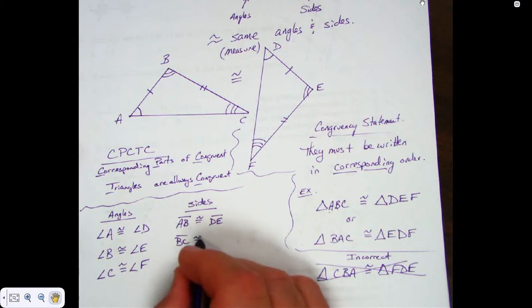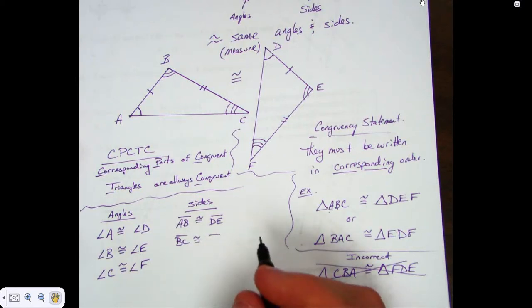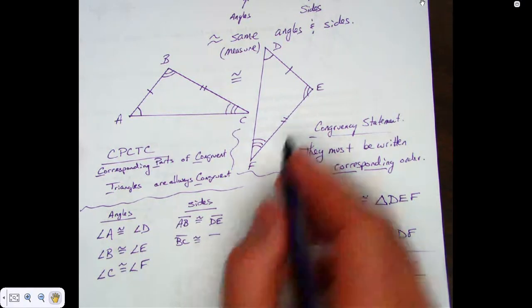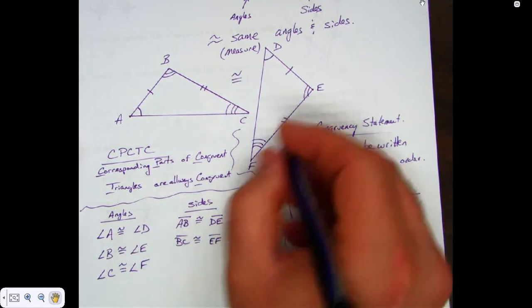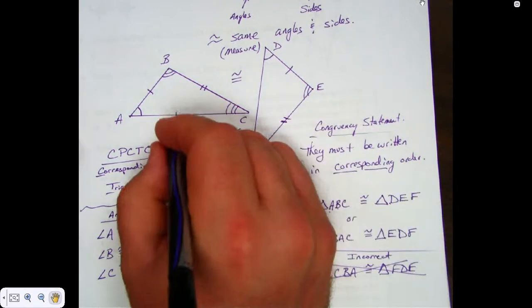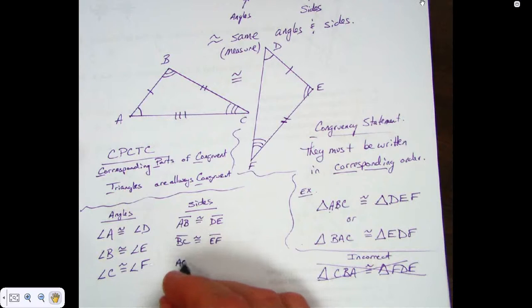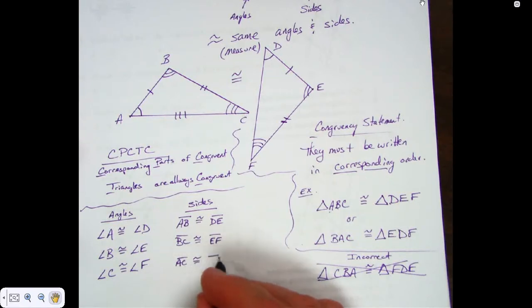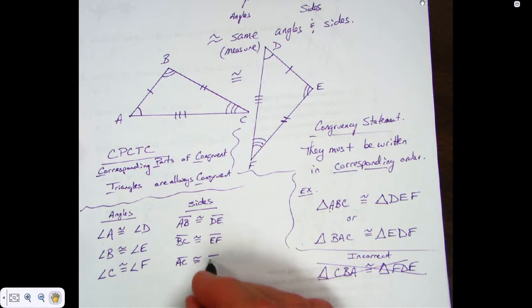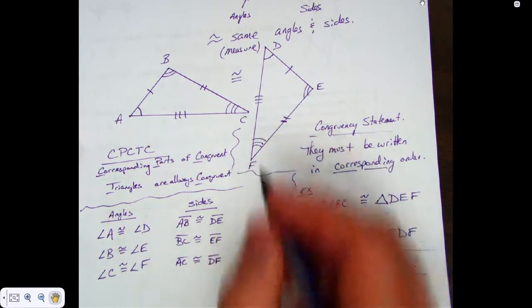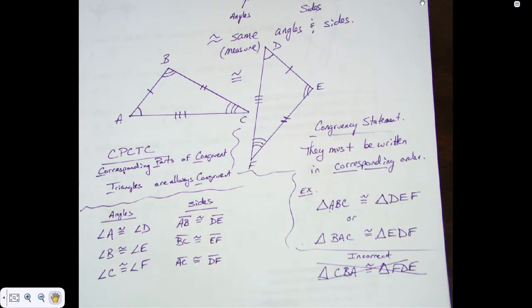Segment BC is congruent to segment EF. And the last one, segment AC is congruent to segment what? We'll go with DF, since we're writing them in the same order.